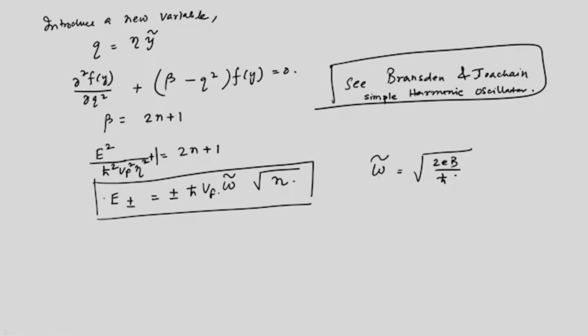All right. So, now what is the structure of the wave function? The wave function is f of q, which is equal to some a n exponential minus q square by 2, and then there is a Hermite polynomial in q, and Hermite polynomial has a property that when n is even, it only comprises of even powers of q, that is q to the power 0, q square, q4, q6, etc. And when n is odd, it is an odd function of q, that is it contains odd powers of q like q, q cube, q to the power 5 and so on.